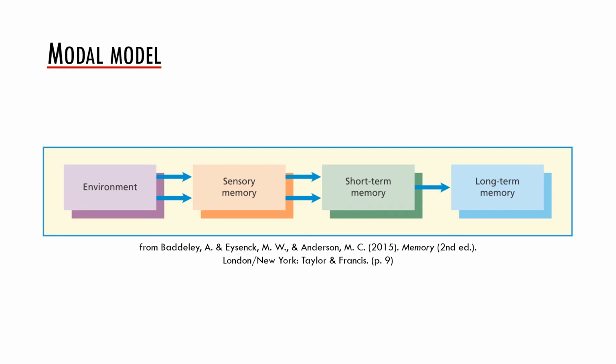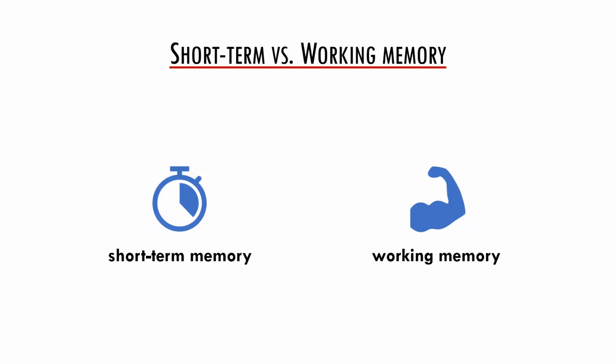Our knowledge of the world influences what we store in the memory, what we attend to, how we process information, and so on. One key difference between the modal model and various contemporary models of memory is that the contemporary models do typically replace the short-term memory with a more elaborated concept of working memory. As I said, the short-term memory is typically conceived as a storage of small amounts of information for a very short time.